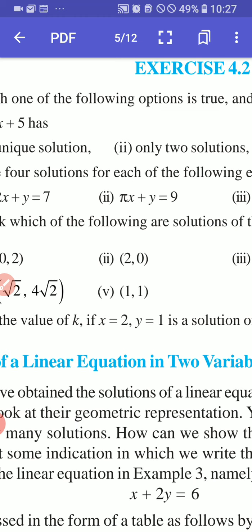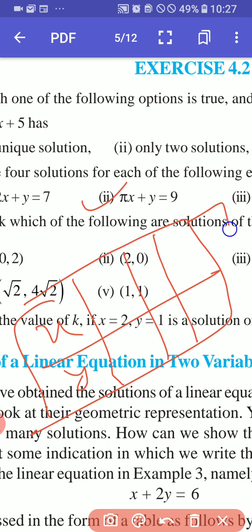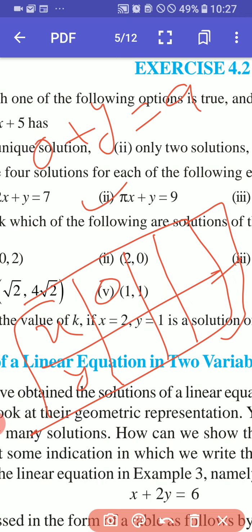Let us see the question number second part. I want to find out its 4 solutions. By help of the table you can see, if I will put x, y, 1, 1, 2, this one, right? If I will put x equal to 0, I will get 0 plus y equal to 9, means y equal to 9.